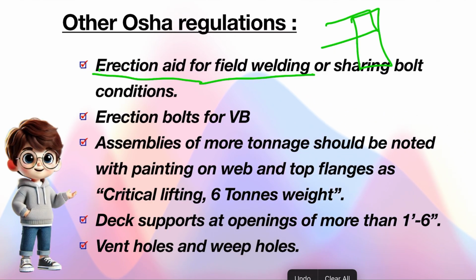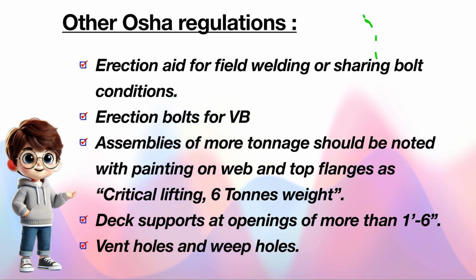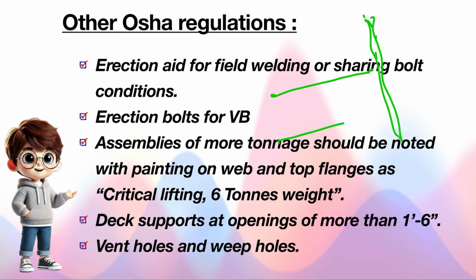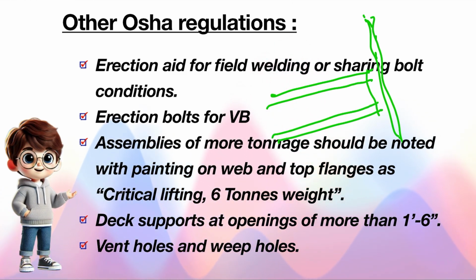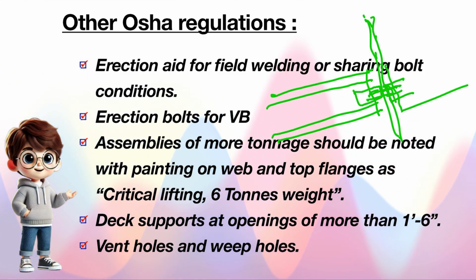Okay, and I mentioned here one more thing, shearing bolt conditions. Shearing bolt conditions means there will be one condition where if this is the column web and one beam is coming like this, a W beam with a clip angle, field bolted. On the other side also it should be bolted like this.